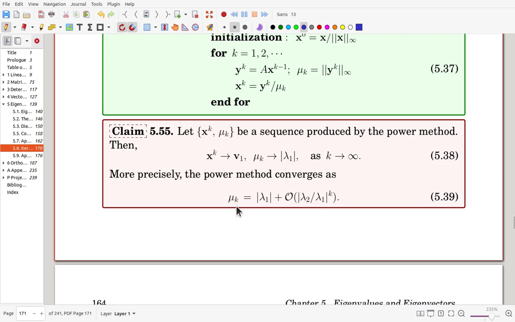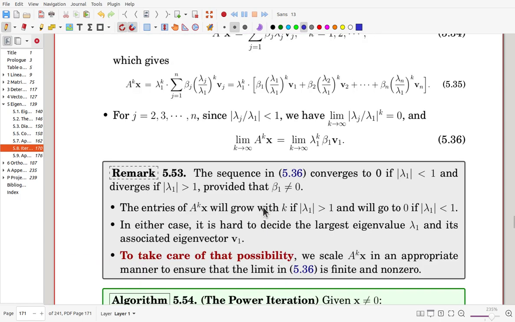The mu k converges to the absolute value of lambda 1 with this error. As k increases, lambda 2 over lambda 1 to the k becomes smaller and smaller, so this term will approach 0. So eventually, as k increases, mu k will converge to the absolute value of lambda 1. Now look at here.